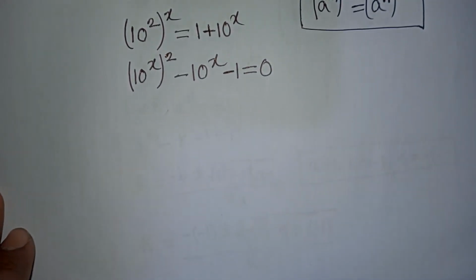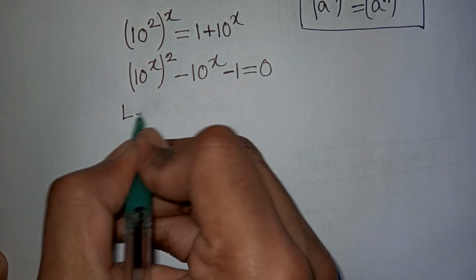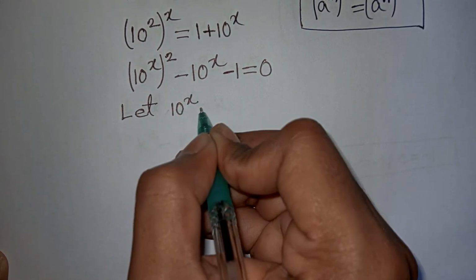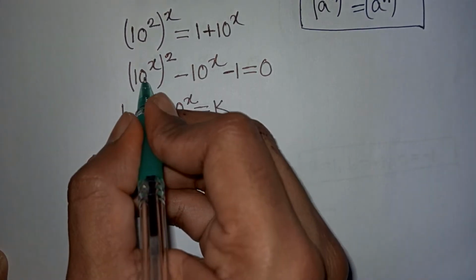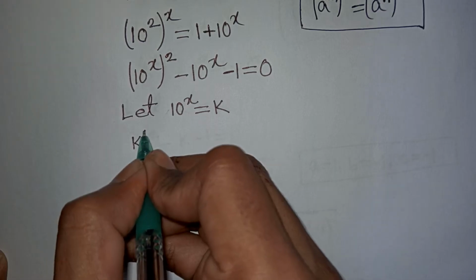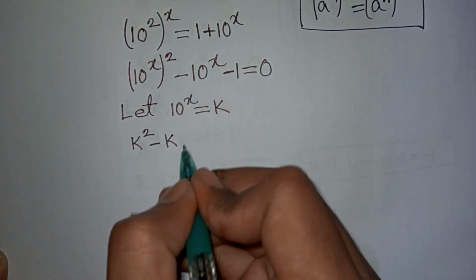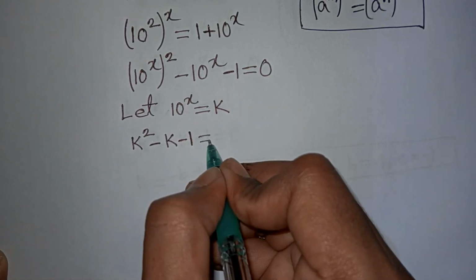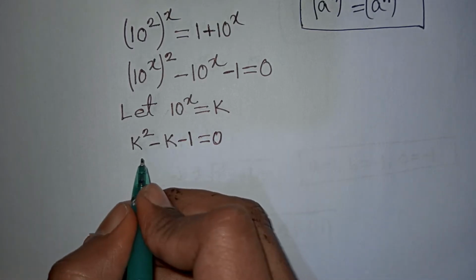Now, we see 10^x in both terms is the same. So, let 10^x be substituted by k. So, this equation will be k^2 minus k minus 1 is equal to 0. Now, here you can apply the quadratic formula.